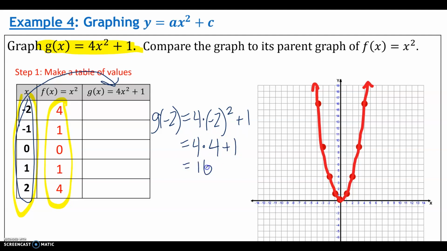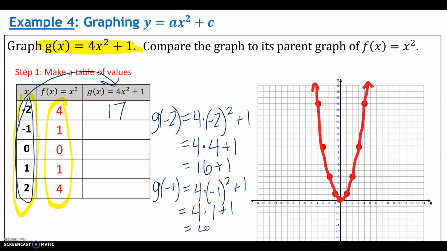So you get 16 plus 1, which is 17. Let's do -1. You get 4 plus 1, which is 5. Now we can mentally do 0. If we plug in 0, you're going to get 1. And then by definition of symmetry, this would be a 5, and this would be a 17.